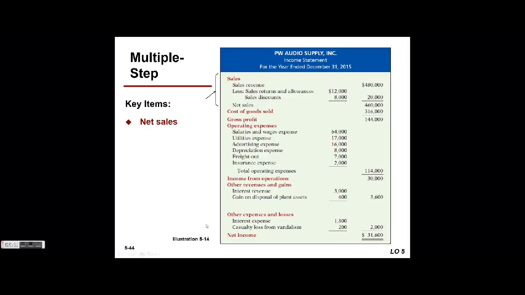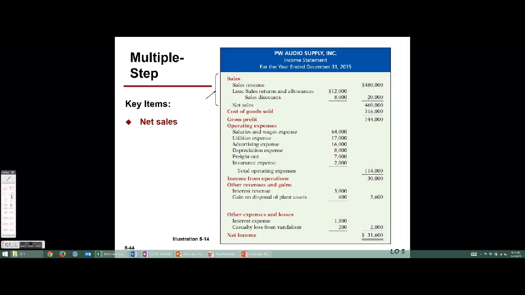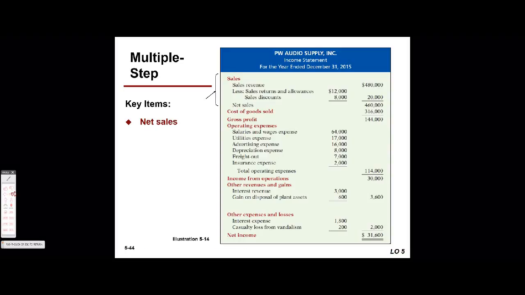All right. So we're still getting to net income. It just looks different in the middle. It also still starts with revenue. Alright. So we have sales. Starts with sales.